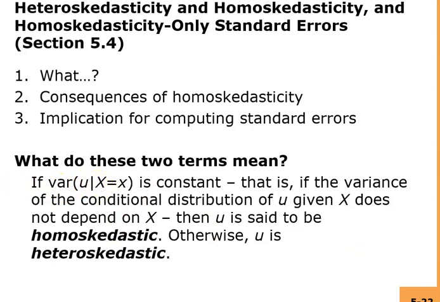But now we are making a stricter assumption, and we are saying that the variance of u given any x should be a constant number. It should not change with x. If this assumption holds, then our errors are homoskedastic. If this assumption does not hold, then the residuals or the errors are heteroskedastic.